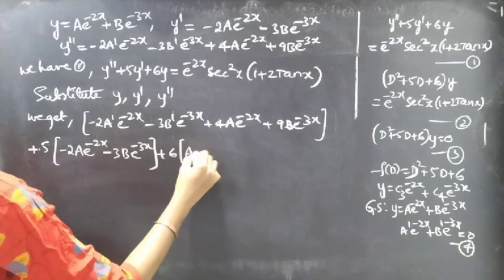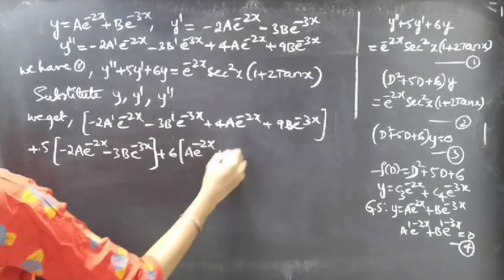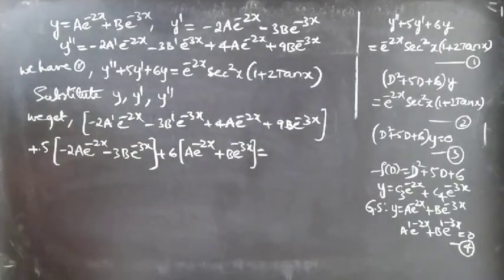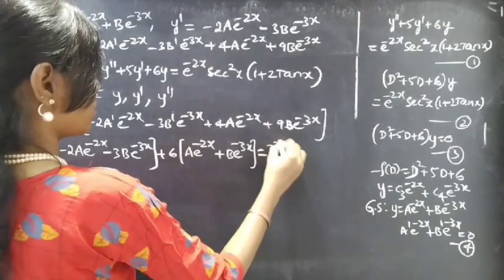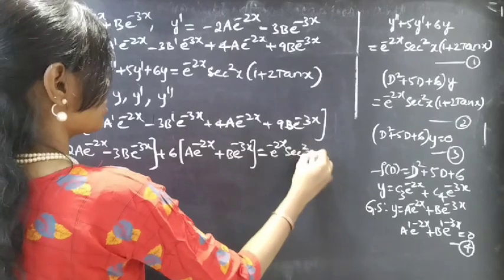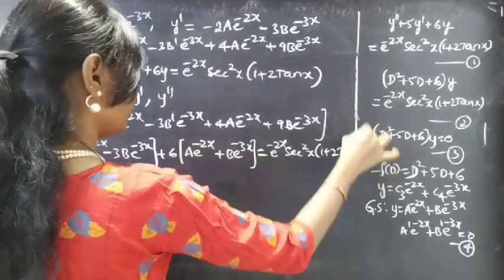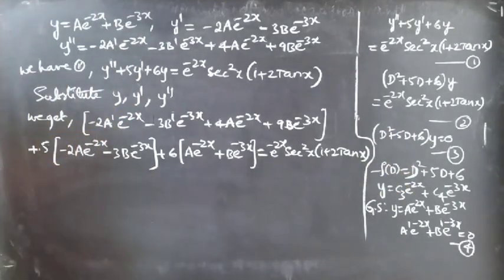Plus 6y, that is 6 of a e power minus 2x plus b e power minus 3x, equal to the RHS part e power minus 2x secant square x of 1 plus 2 tan x, right?